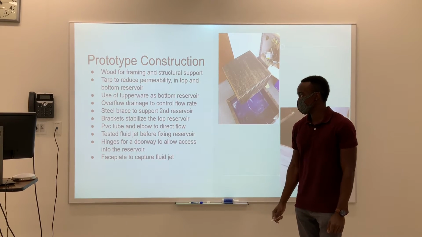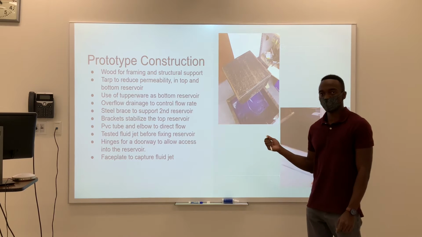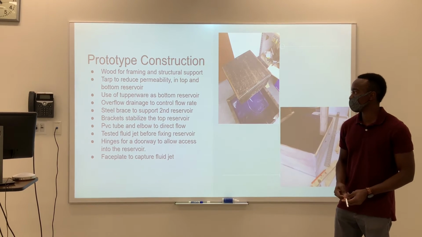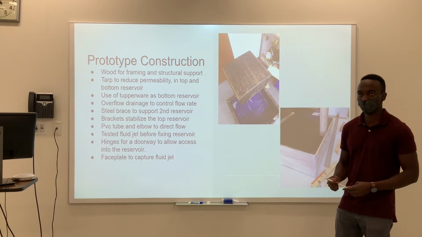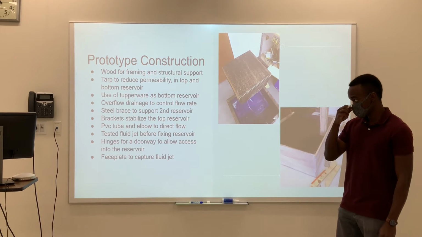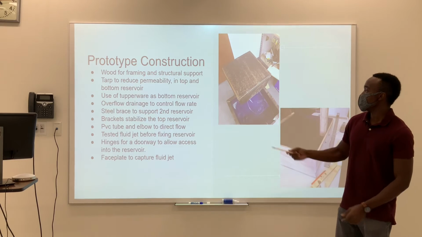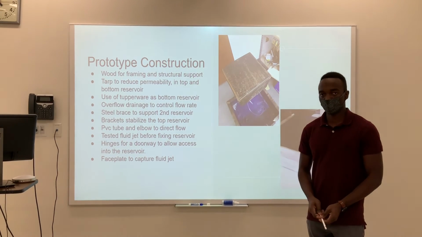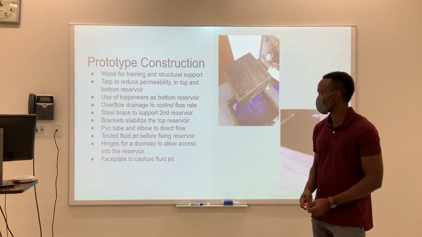The fountain was mainly composed of a drain, an overflow drain, and PVC tube for the flow rate to put water in the top reservoir. And we had a steel brace to provide support for the top reservoir.